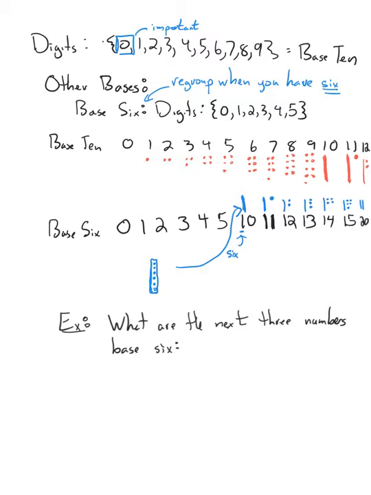I didn't do it up here when we were first talking about the concept, but from now on, whenever I write a number that's not in base 10, I'm going to tell you the base as a little subscript down the bottom of the number. So let's say if we have 5 0, 5 1. What are the next 3 numbers?